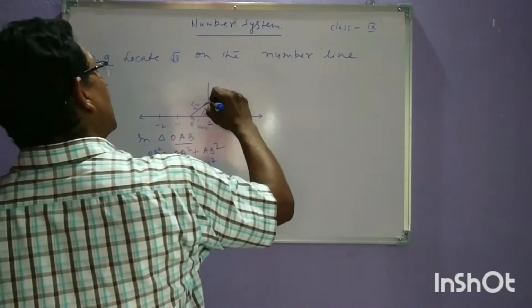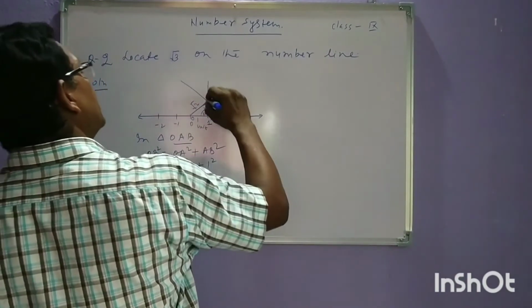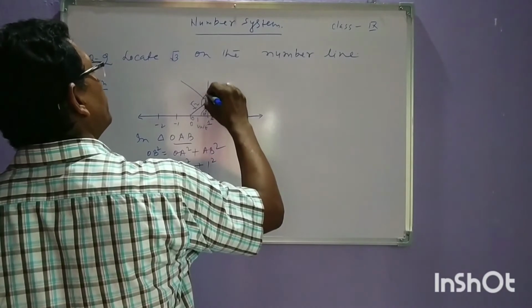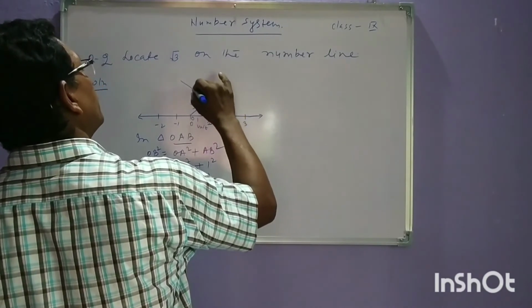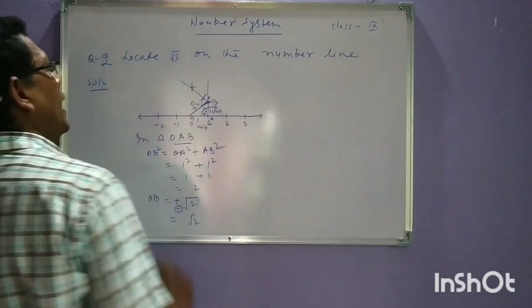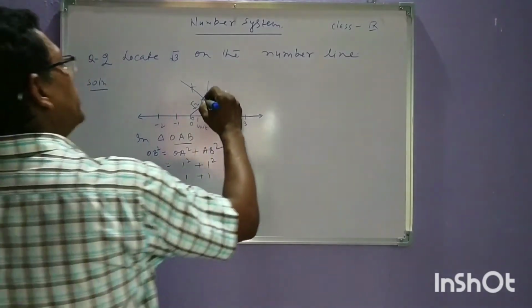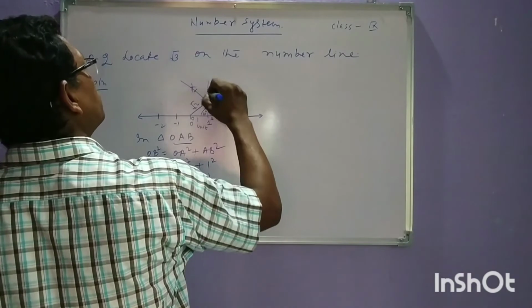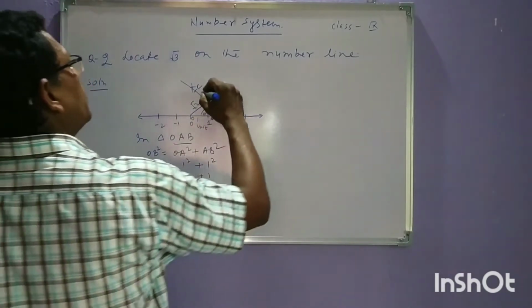Now we make an angle of 90 degree at point B, and cut 1 unit from point B. Suppose this is BC, 1 unit.